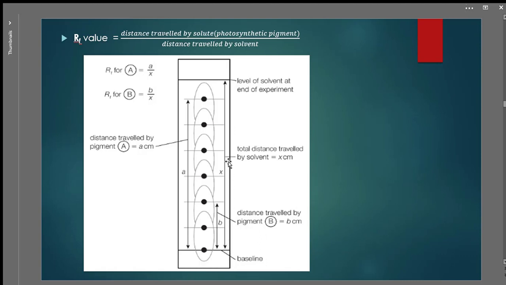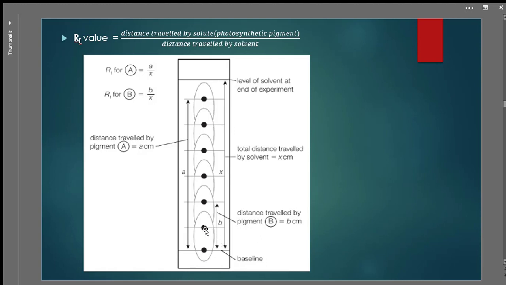Remember, this is an adsorbent paper or a filter paper. It will absorb the solvent, and the solvent will start moving upwards. When the solvent reaches this point, it will dissolve the dye. Depending on the different solubilities of the dyes that are present here, that is the photosynthetic pigments, and the way they stick to this filter paper, they will start separating out.